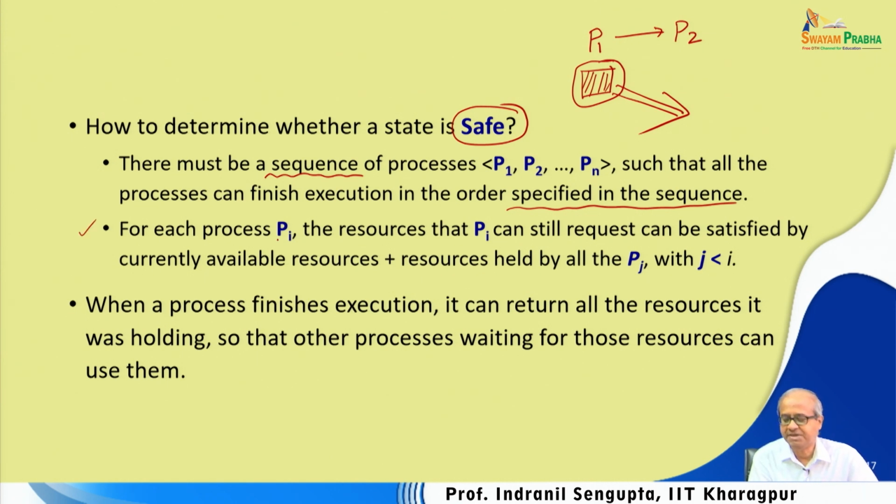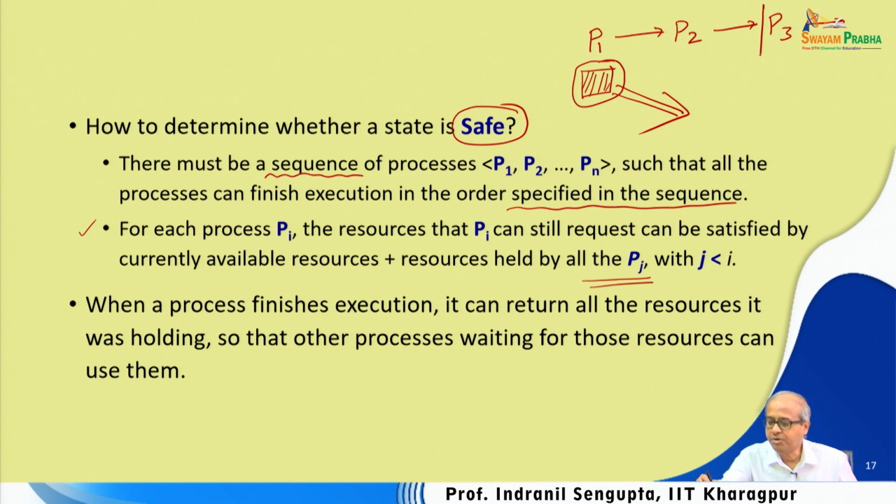That is mentioned in the second point. For each process Pi, the resources that Pi can still request can be satisfied by the currently available resources plus the resources held by all the previous processes. Like, say you have P1, P2, P3 in this sequence to execute.